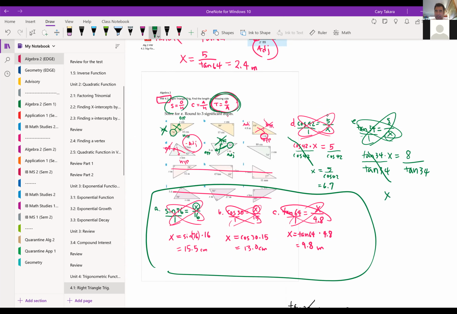So you've got x equals 8 divided by tangent of 34, which is 11.9. And what's the unit here? Meter.